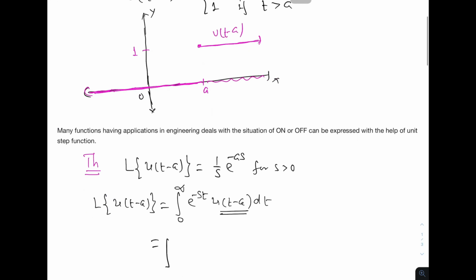Now let us introduce the second shifting theorem.